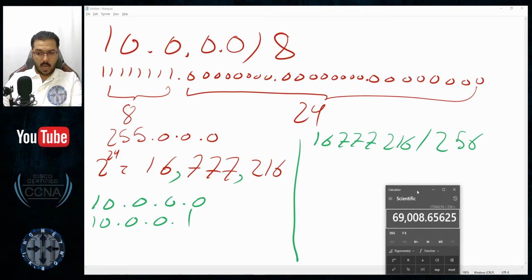How about I divide it again? Again on 256. Twice. I divided that twice on 256. You see now the difference? I took the first numerical value, and I divided that on 256 twice. So this is what I wanted to do.